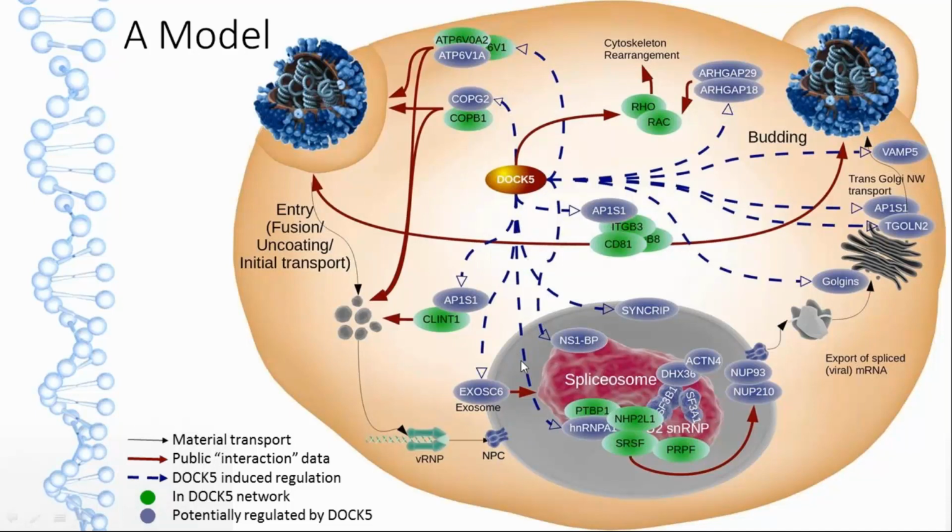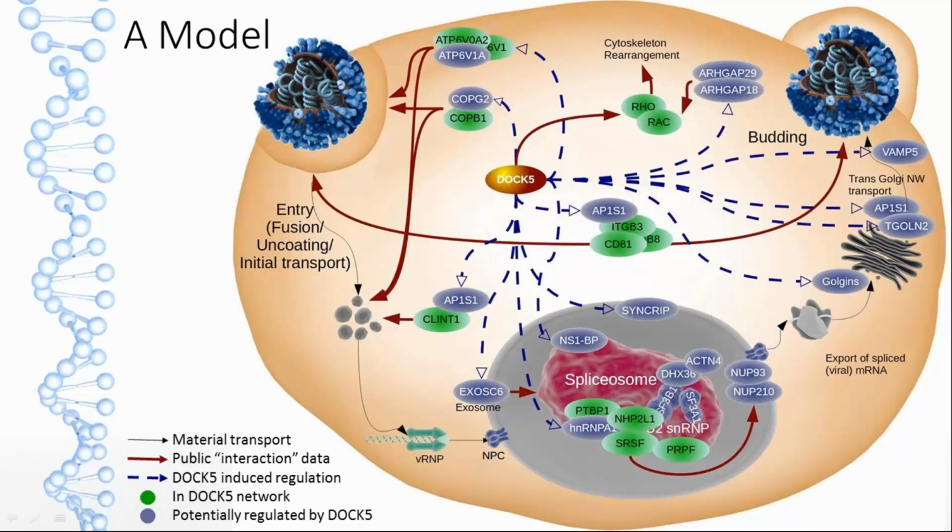Again, what I showed you already before, there are some processes for vesicle transport, in particular on the already translated side after mRNA processing from the nucleus, transporting the viral components out of the cell, but apparently maybe also some influence on the entry, but maybe not so much.